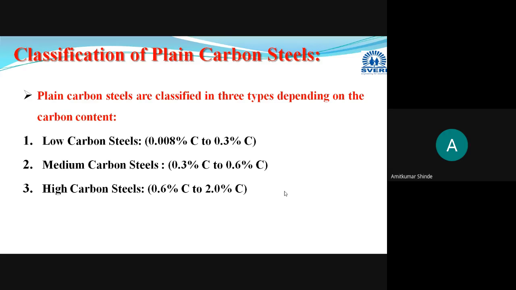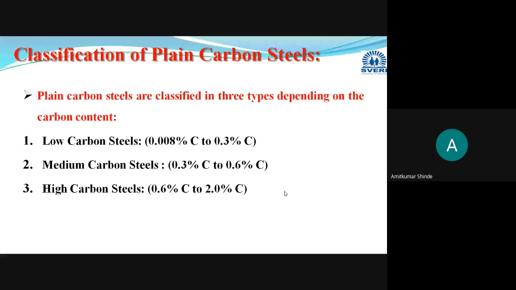In some kinds of steels, the maximum quantity of carbon present is 2.3%. For commercial steels, the maximum percentage of carbon is 2.3. Beyond that, the alloy comes in the category of cast iron.